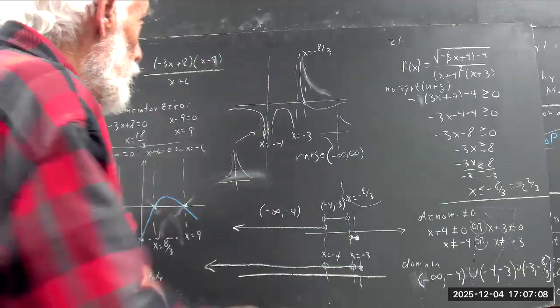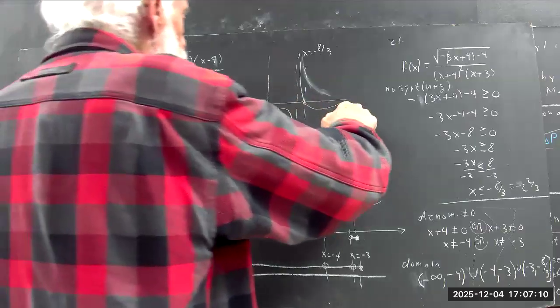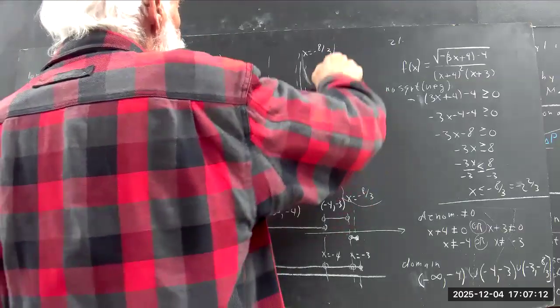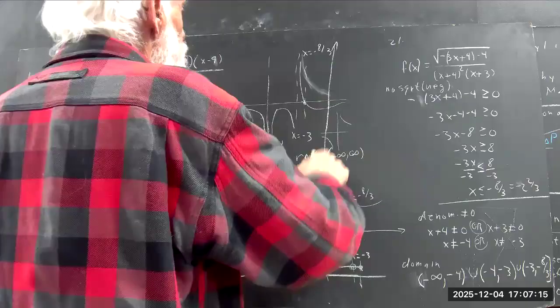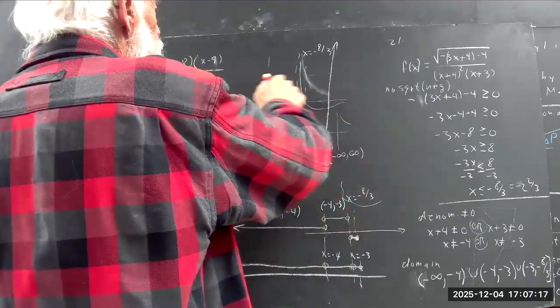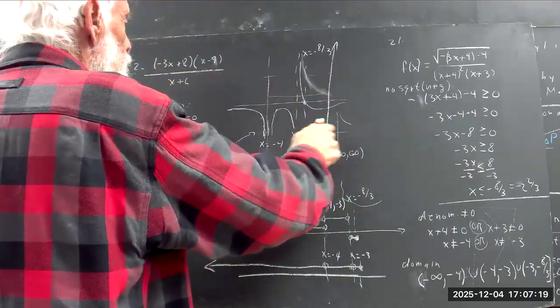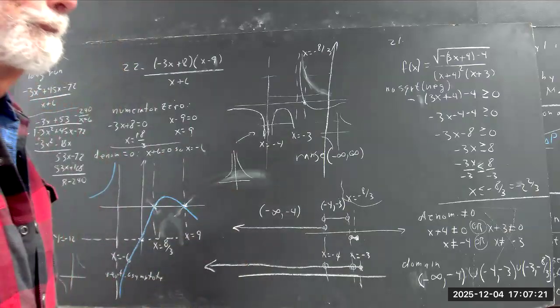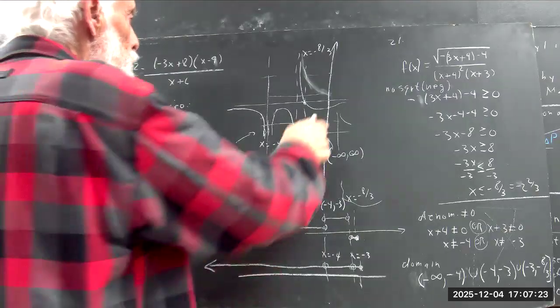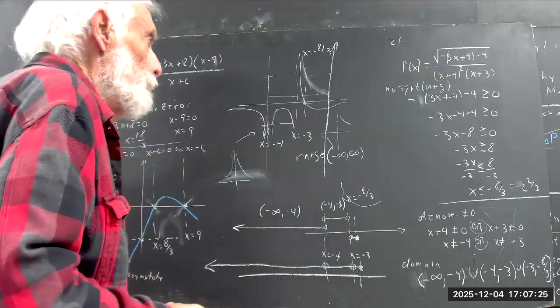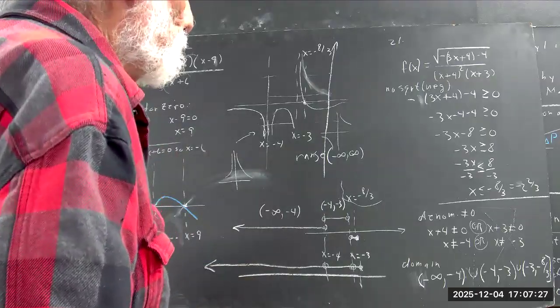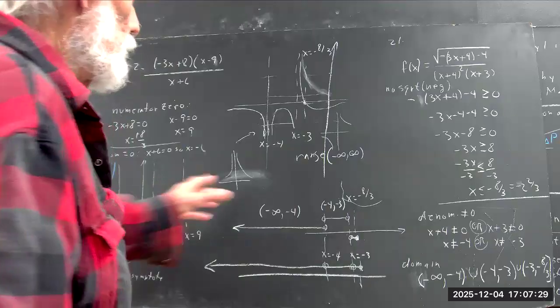For any point on the y-axis, you're going to be able to hit a point on the graph, including for y equals 0. Okay. It's more detailed than you want.